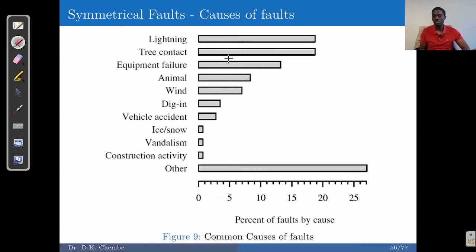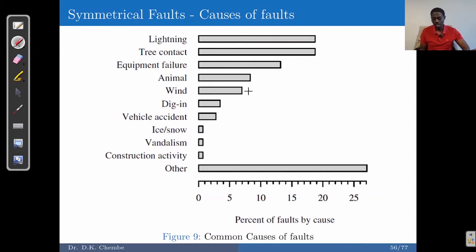That's why in many areas the utility company has to go around to trim the trees around the power lines and other areas. Then there's equipment failure, which, as we mentioned, could be due to failure of insulation. There's animals, of course, which can cause short circuits between lines.